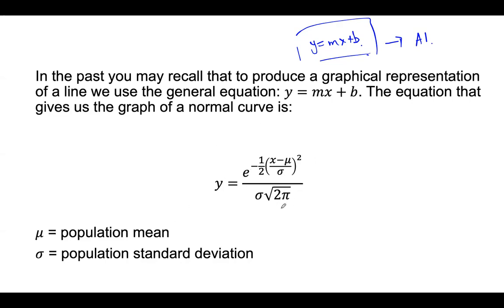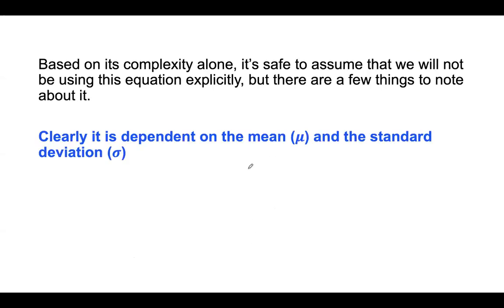This 2 pi can be difficult to deal with unless you know some calculus. The mean is equal to the population mean, and the standard deviation is equal to the population standard deviation. Based on this complexity alone, it's safe to assume that we will not be using this equation explicitly because you'll probably need to know some calculus in order to deal with it correctly.